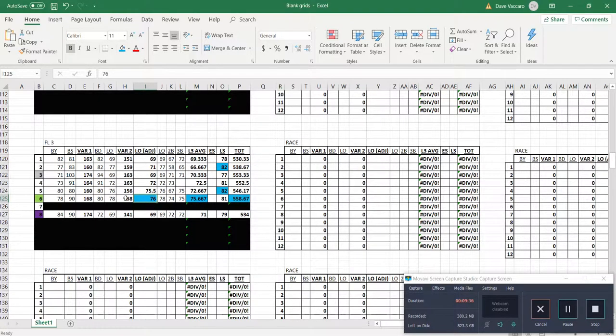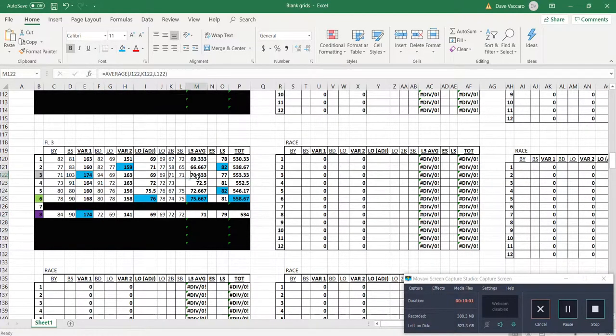And then we have variant 2. Variant 2 is just the total of these two here, best at the distance and last out figure, and we have a 159 on the 2. And variant 1 is the total of the best on a year and best on today's surface. That would be a 174, and that's a tie between the 8 and the 3 horse.